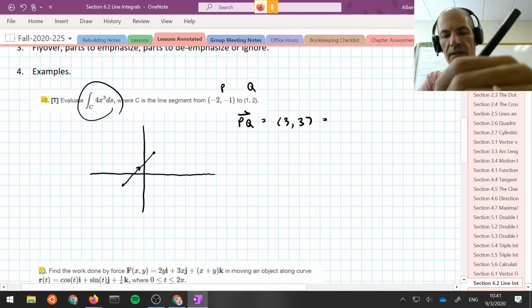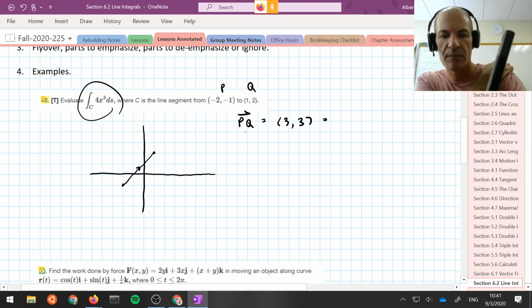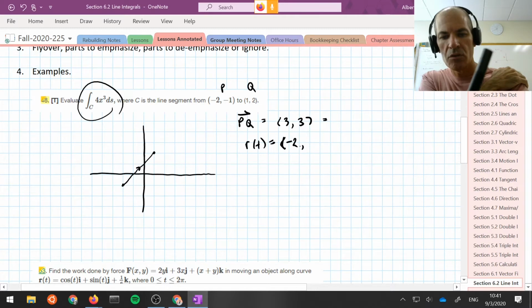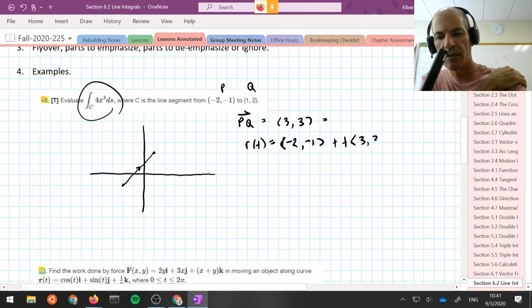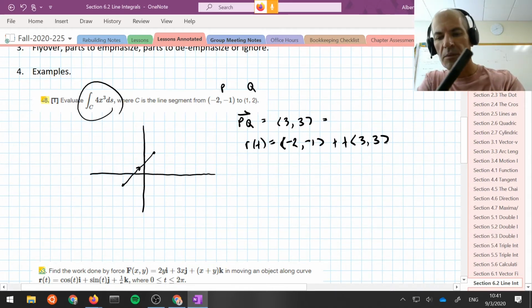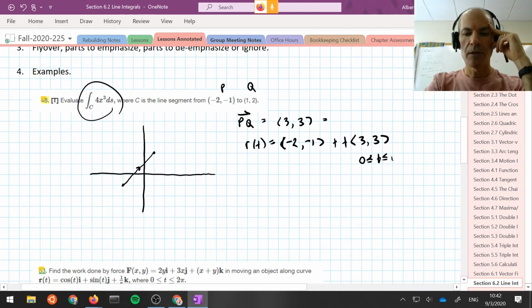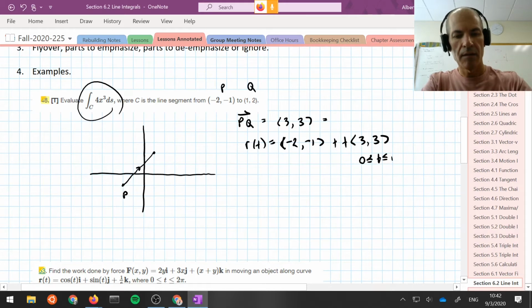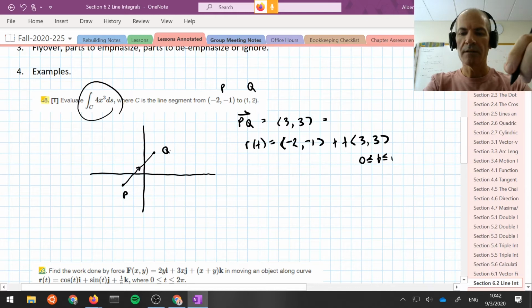And we don't really care. Well, I guess we'll keep it. It doesn't matter. And then the line, r of t, is the starting point, -2, -1, plus t times 3, 3, like that. All right, just to double check, what's the parameter range here? When t is equal to 0, we're at P, and when t is equal to 1, we're at Q. So this does what we want in the orientation that we want.